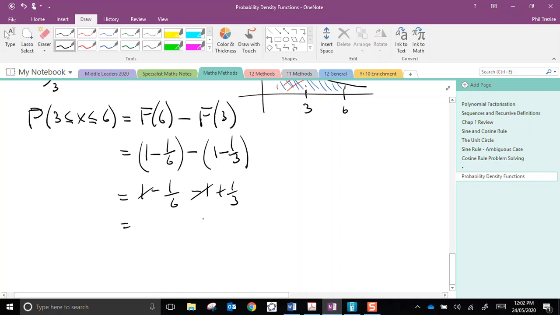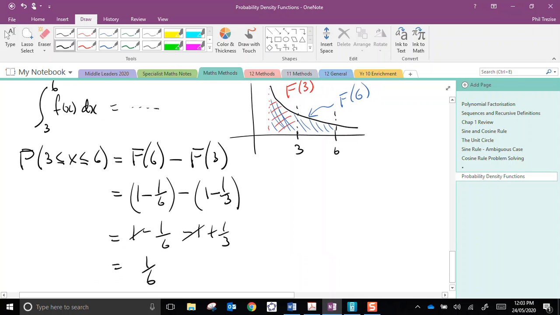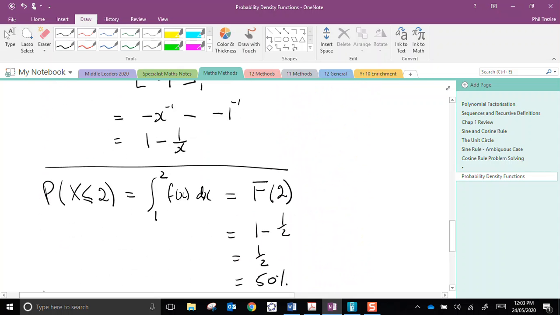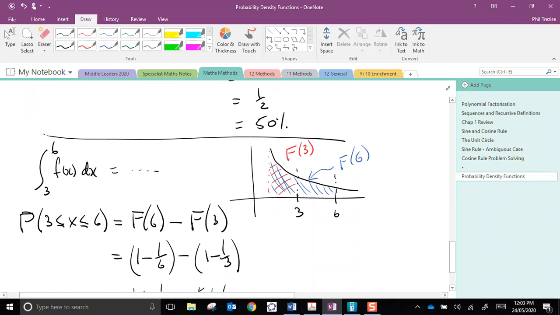So I end up with 1 over 3 minus 1 over 6. That's the answer. Of course, you could have done the original integral and you still would have got the same answer. But I think it's a bit easier to use the primitive function because we already did the integral, didn't we? And remember, the primitive function tells you the area from the starting point up to some given place.